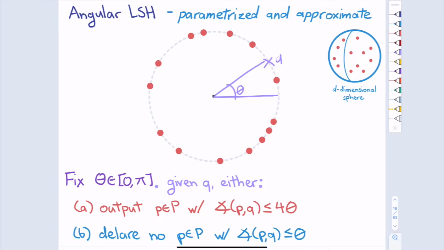Say I have these points around the ring. What might be a good way to generate a hash function? You don't have to give me a numerical formula, but maybe just draw a geometric picture. How can I divvy up the circle so that points that are close together tend to be hashed together?